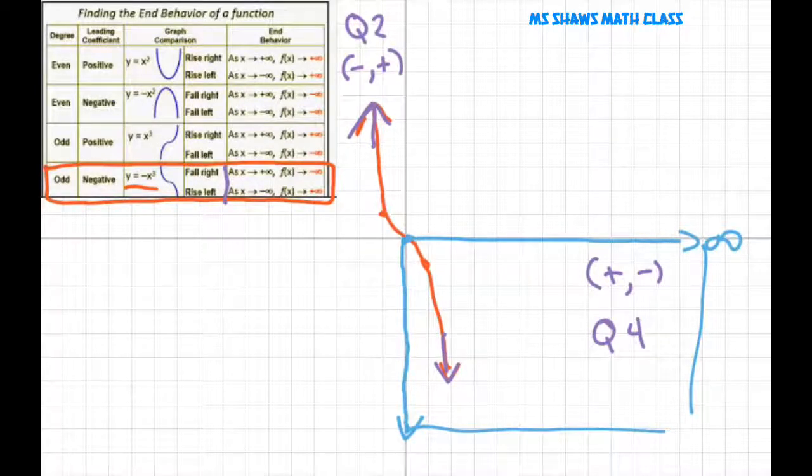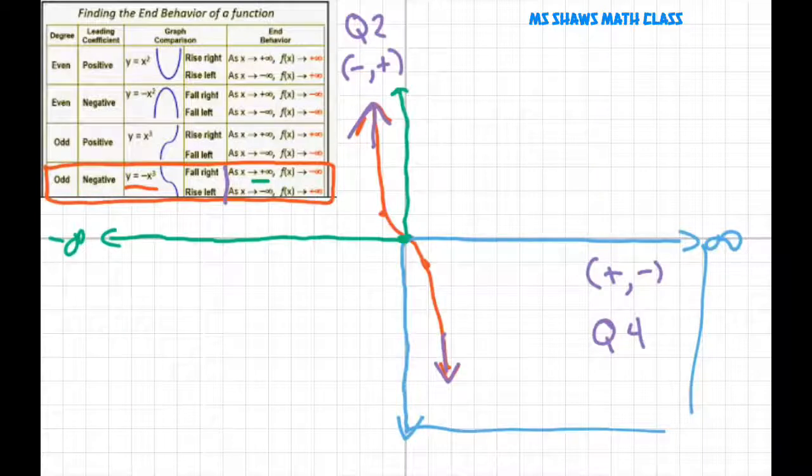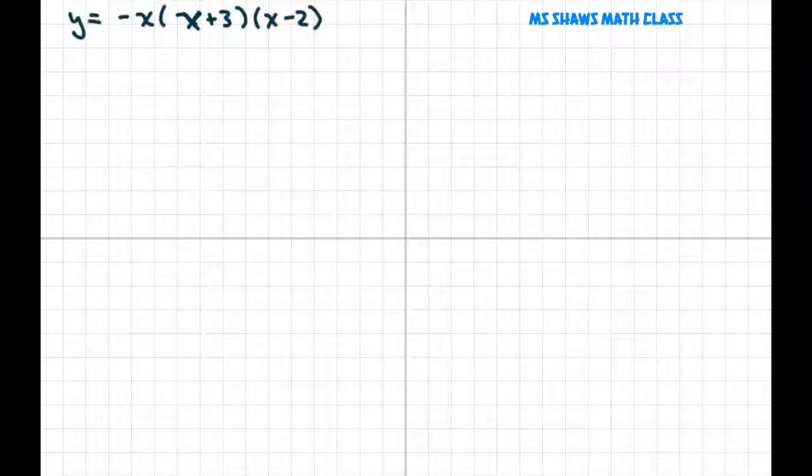Now for this piece, as x gets smaller and smaller from 0, my y values actually get larger and larger. All right? And this just means x is positive, y is negative. That's going to be quadrant 4. And for this one, x is negative, y is positive. That's quadrant 2. So we're going to start in quadrant 2 and end in quadrant 4.